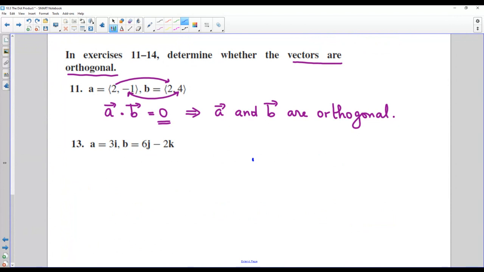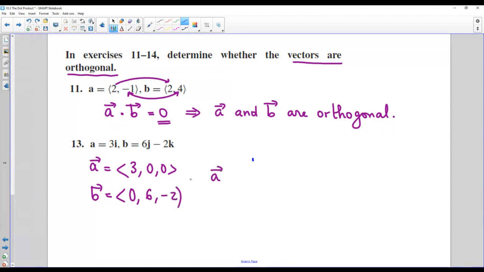Now, if we look at 13, let's just do 13, just to make sure we're okay with that. What is A here? 3, 0, 0. Okay, good. Then B is 0, 6, and minus 2.